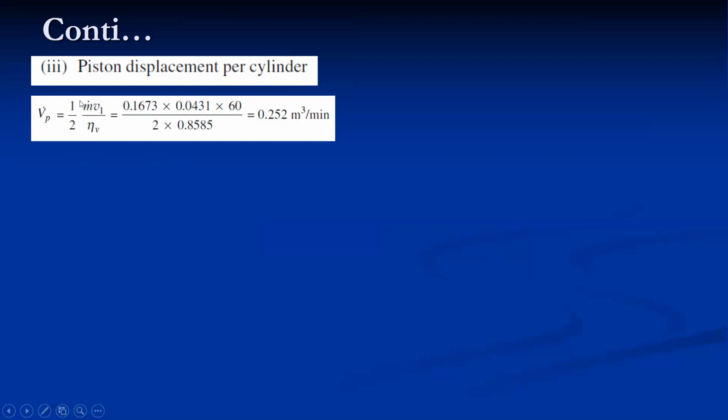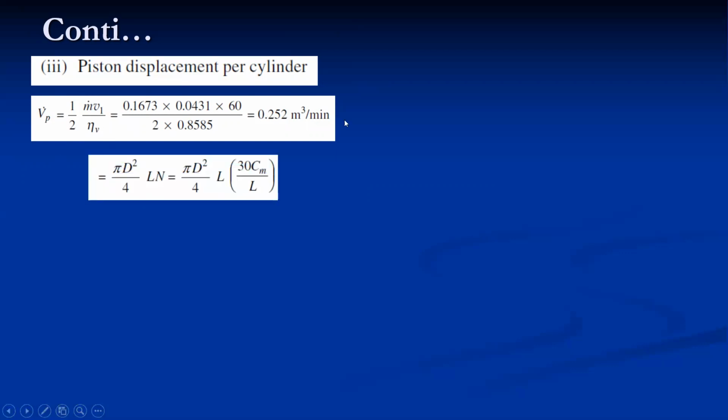So actual piston displacement is given by mass flow rate into specific volume, which is equal to theoretical piston displacement into specific volume, and as it is a two-cylinder compressor, we multiply by 2. If we rearrange this equation, because we have to calculate theoretical piston displacement, it comes around 0.252 meter cube per minute.